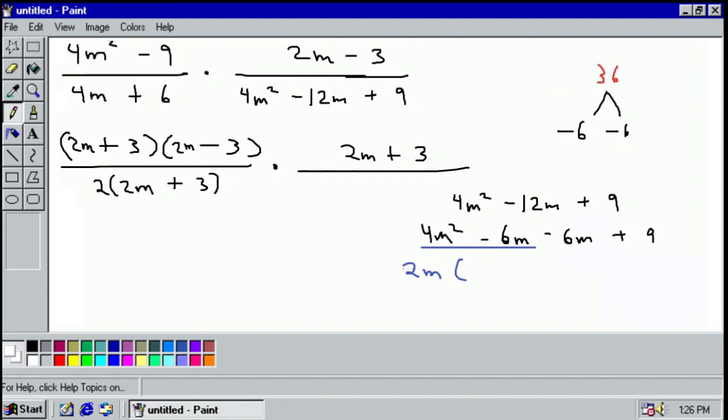So 4 divided by 2 is 2. M squared divided by m. We have this rule in algebra: a to the m over a to the n is a to the m minus n. So we're just going to subtract the exponents in this case. So 2 minus 1 is 1. So 2m.